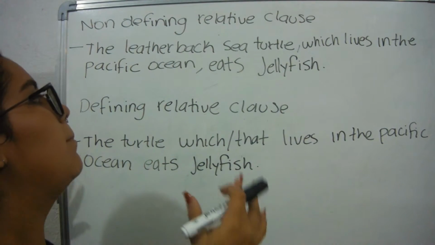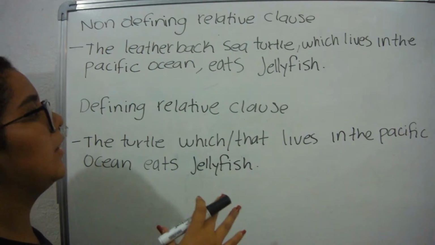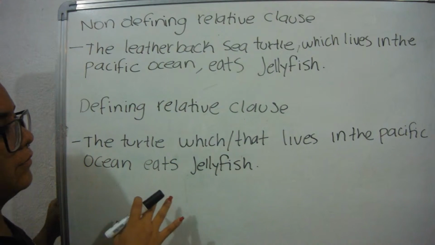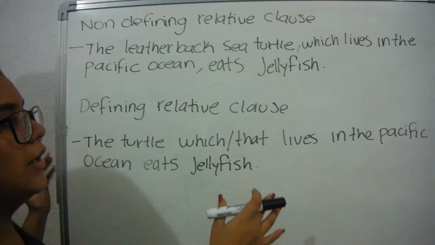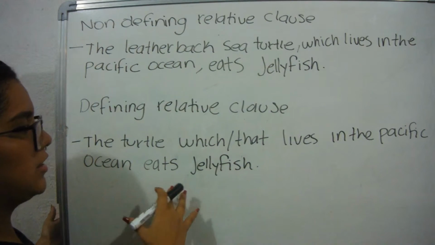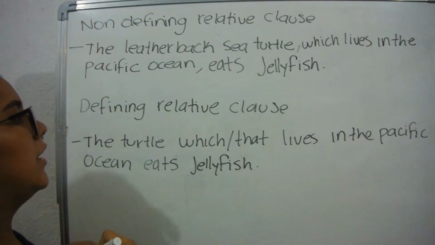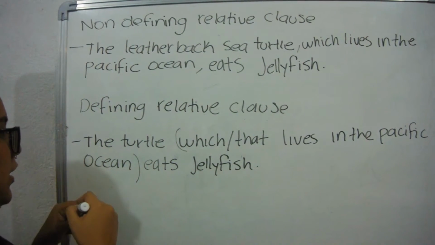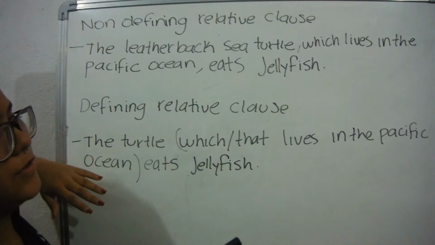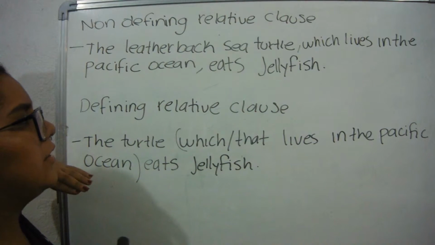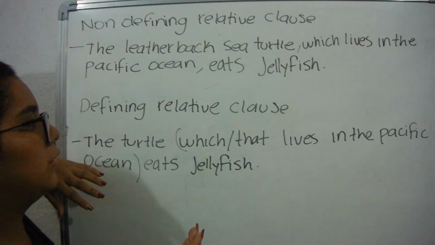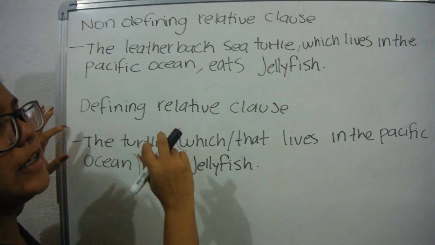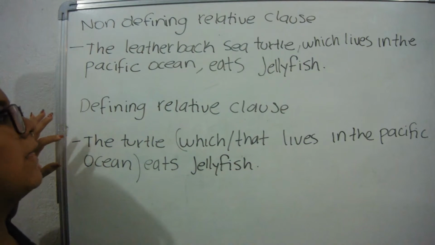But in the second one, the defining relative clause, it says, the turtle which or that lives in the Pacific Ocean eats jellyfish. If we take out this part, the turtle eats jellyfish, it is not really saying what kind of turtle, because this word is an indefinite noun.